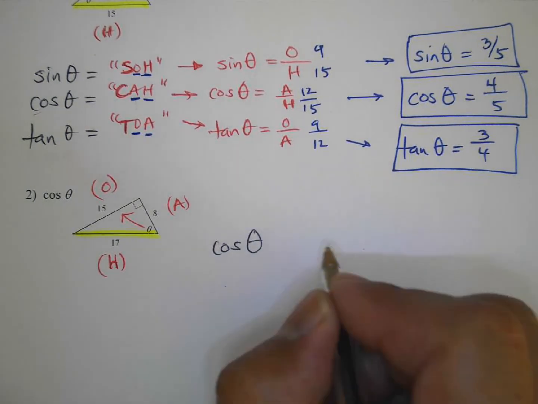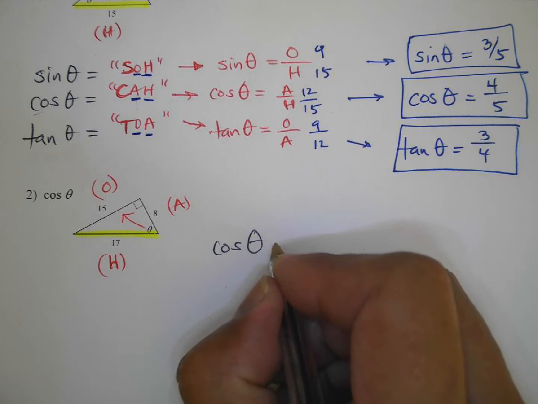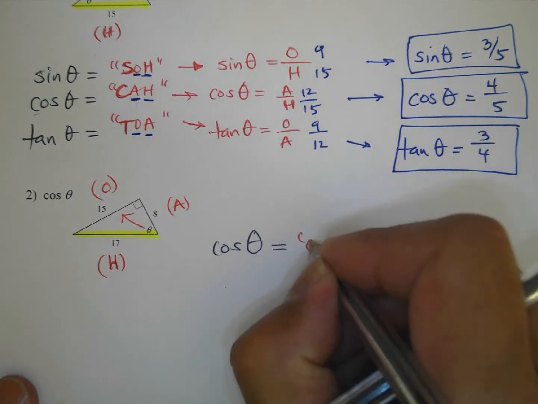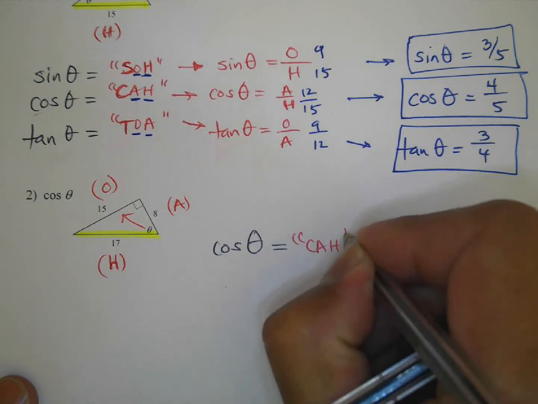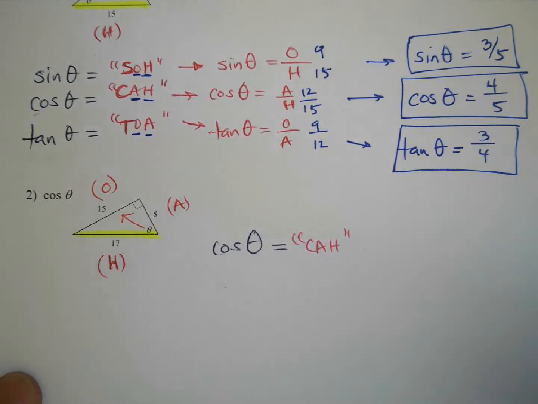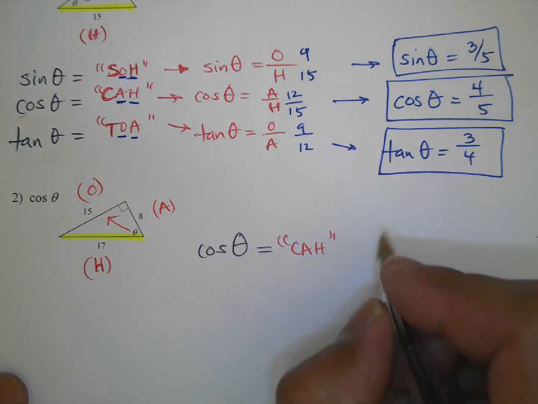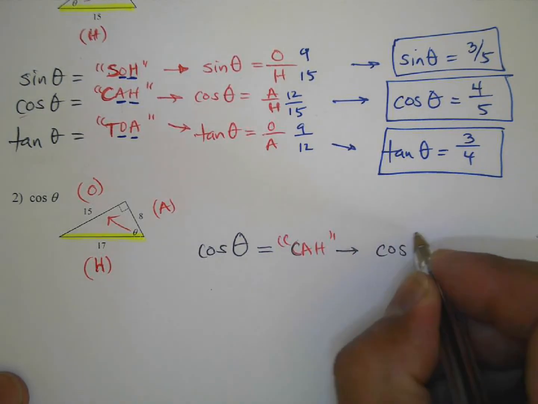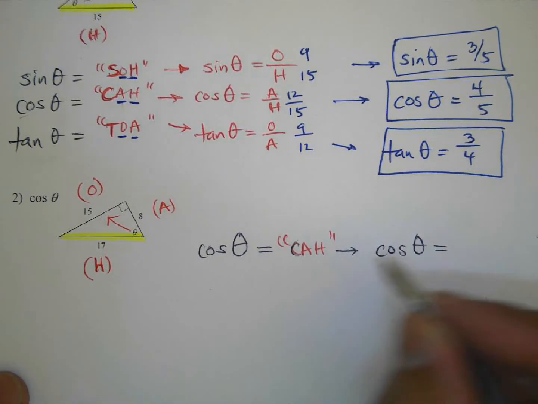Cosine, how do I find cosine? Well, remember, what's that acronym for cosine? CAH. So, CAH, TOA. C is for the function. Cosine of the angle is equal to what?